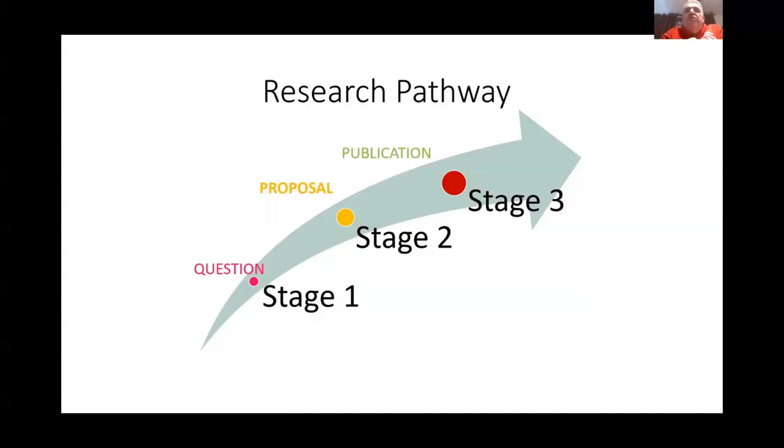One, to obtain IRB approval before conducting any research or start collecting data, and the other purpose is to apply for a grant for research, because as we all know, research needs money and time.